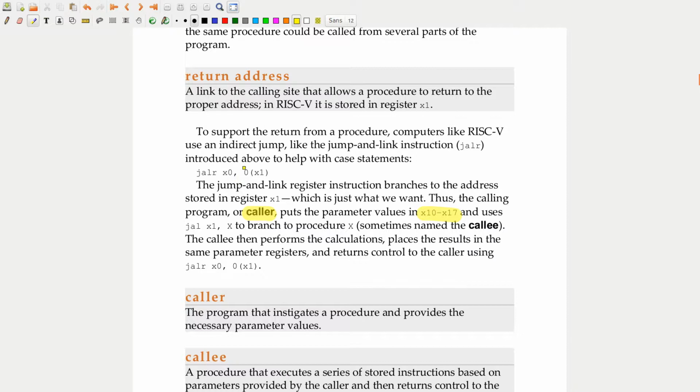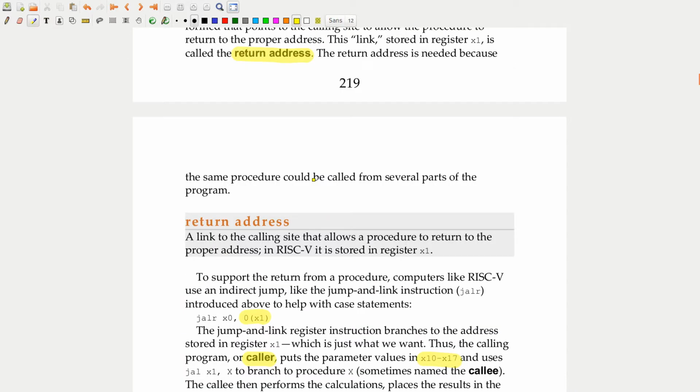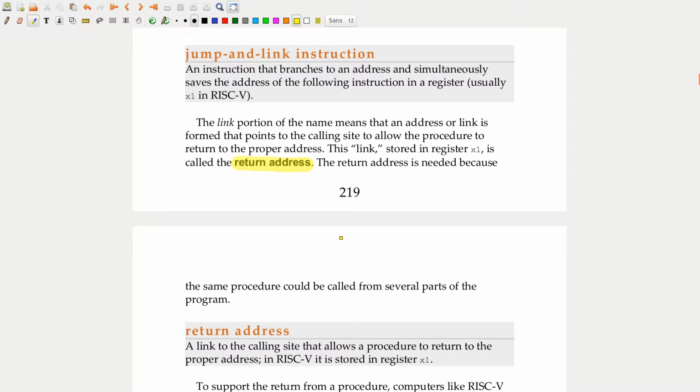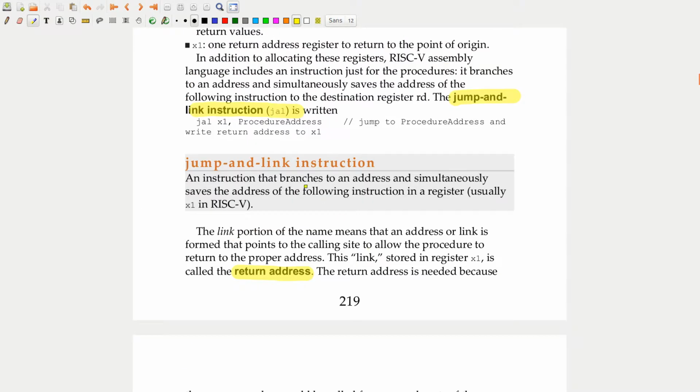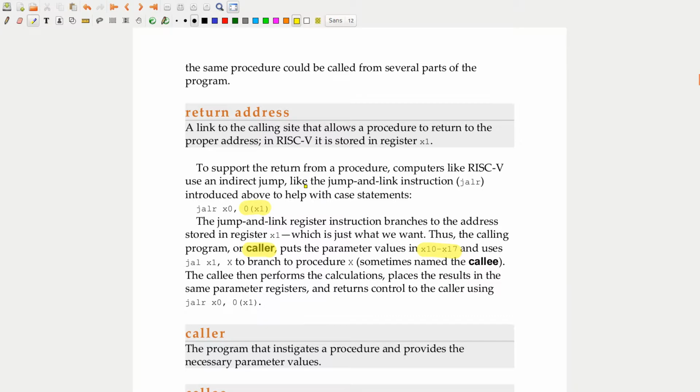In this case, instead of using some identifier, we're explicitly saying x1 contains the address of where we want to go. Or no, sorry, this is jump and link register. This isn't jump and link. So let's see what jump and link register does. To support the return from procedure, we use jump and link register.